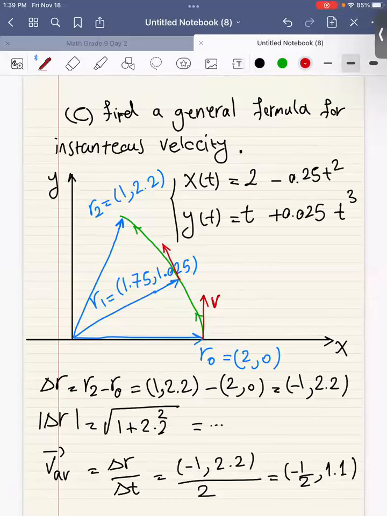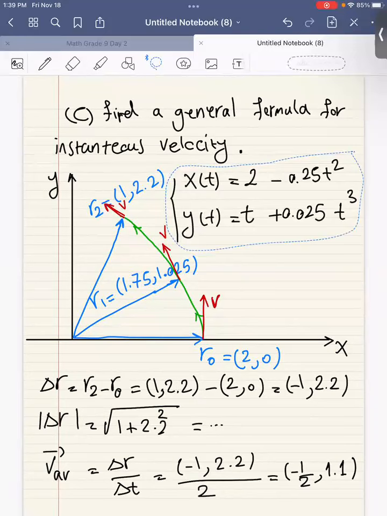At R2, the instantaneous velocity is like this. So it is the tangent line to the curve. And we can compute it using calculus, basically using derivative.